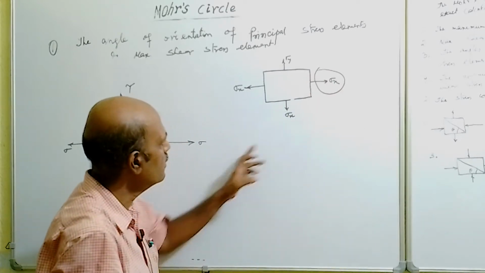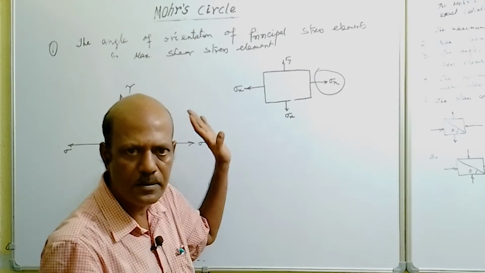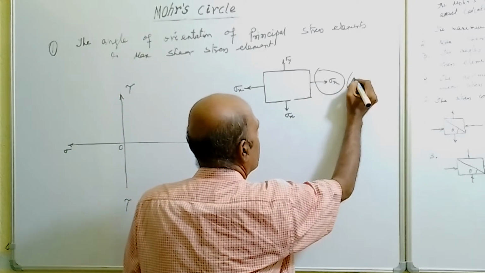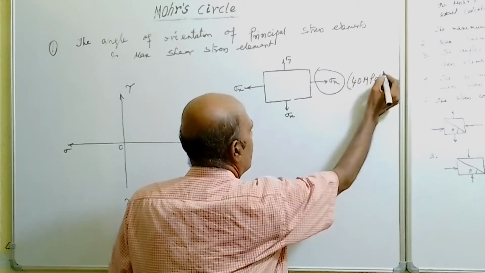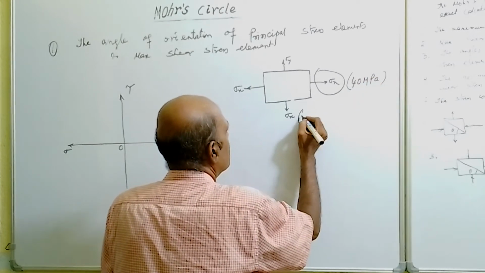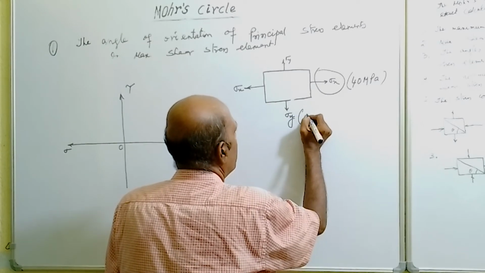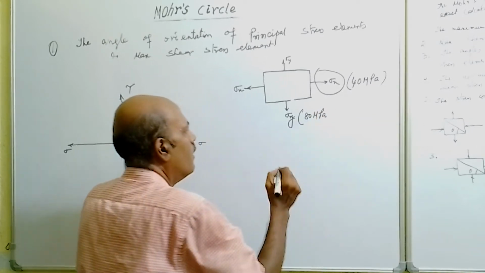Here it is seen that shear stress is not there in the element, only sigma x is acting. We are considering sigma x equal to 40 megapascal and sigma y we are taking as 80 megapascal.